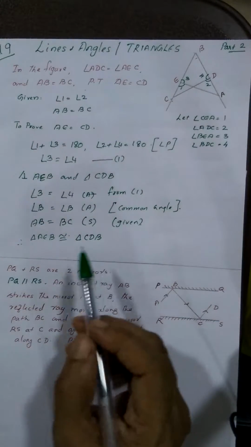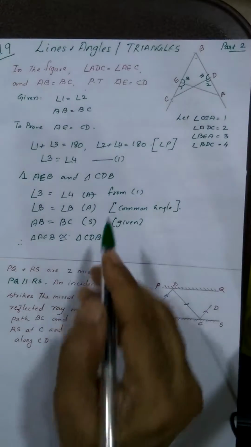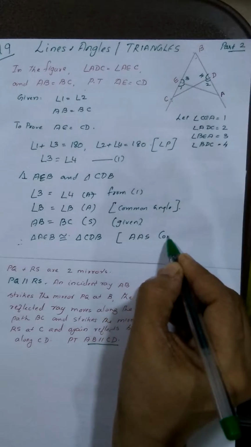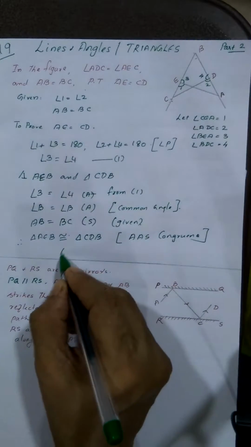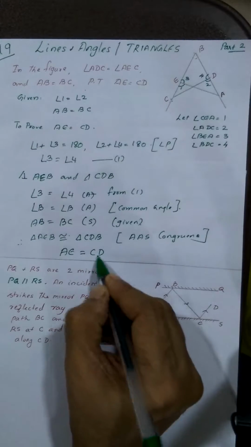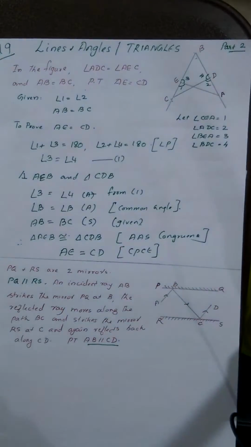So from that we will get AE is equal to CD. This is AAS congruence. From this you will get AE is equal to CD. CPCT: Congruent parts of congruent triangles.